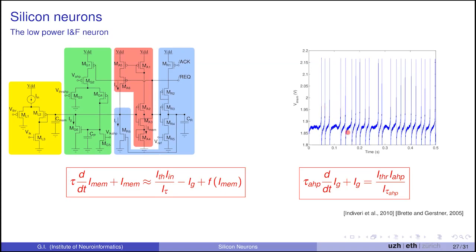So this is just to show you that if you do want to have Poisson or close to Poisson spike trains, which you might need for some computing paradigms for some theoretical reasons, this circuit can actually give you that without having to have explicit random number generators or complicated random number generator circuits inside. It's already built in.